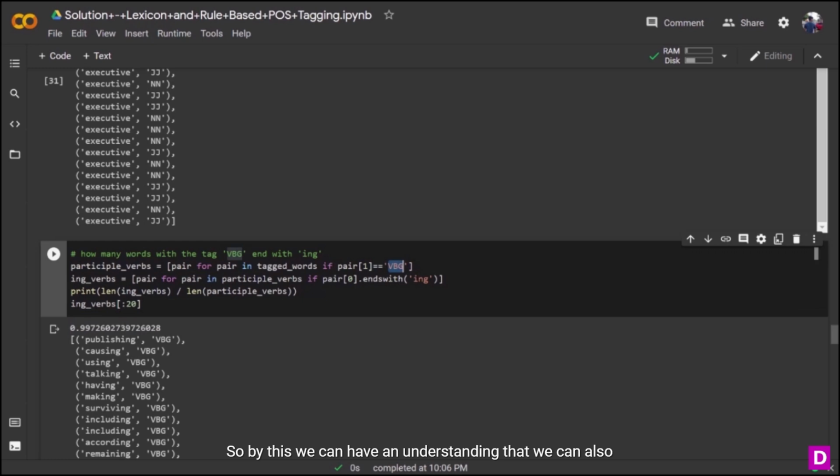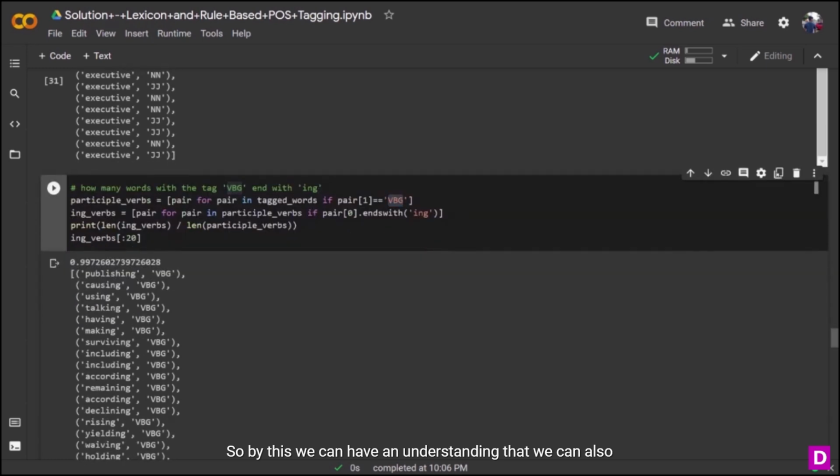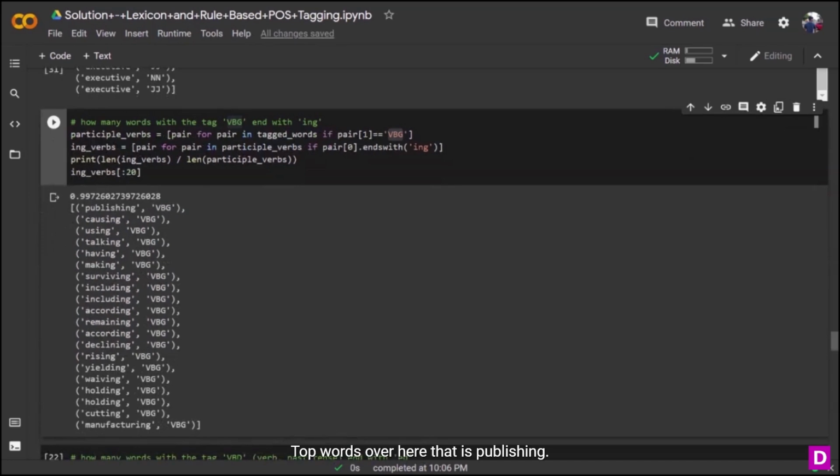We can have an example over here, the top words: publishing is ending with ing and it is already tagged with POS tag VBG. We can cross check with other words as well, like including VBG, waving VBG. So almost 99.72 percent, almost 100% of the words are perfectly tagged with the right tag.